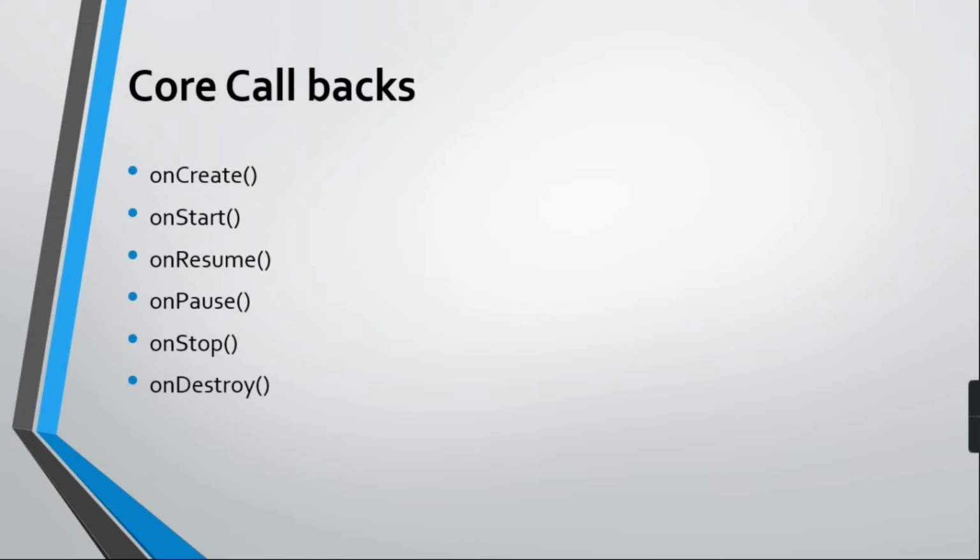After onCreate finishes, it quickly moves to the next state and calls the onStart method. At this state, our activity is visible in the background. That means the user can't interact with our UI, like pressing a button or scrolling a list.